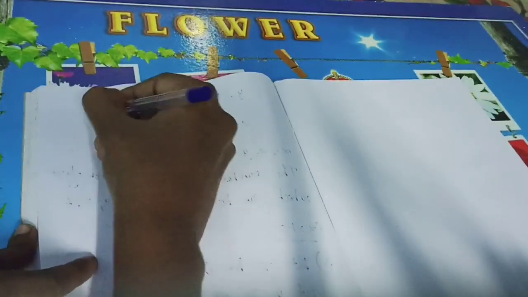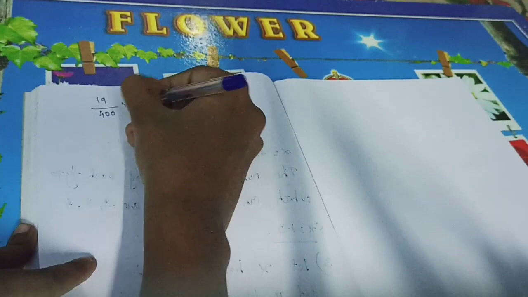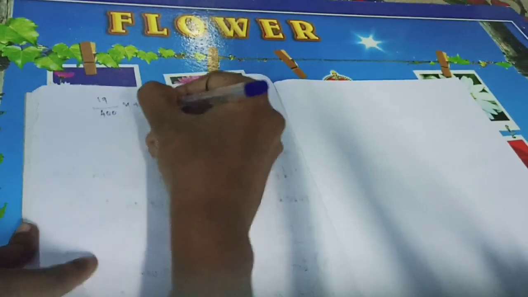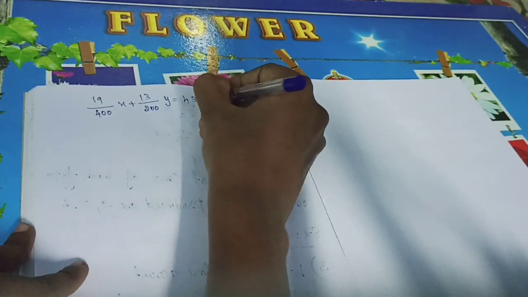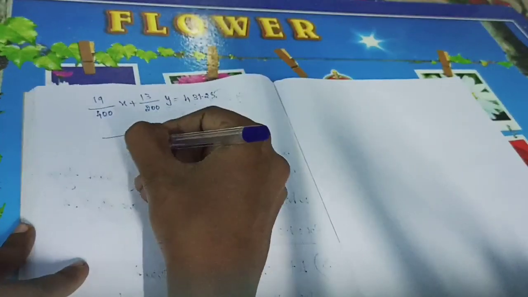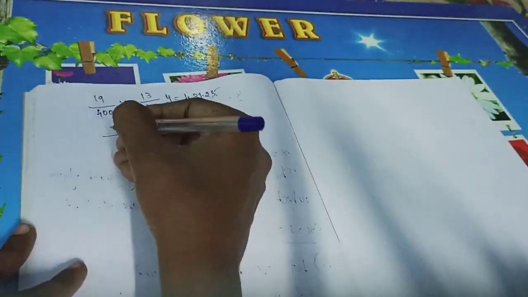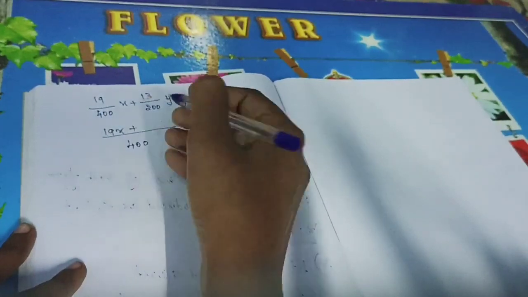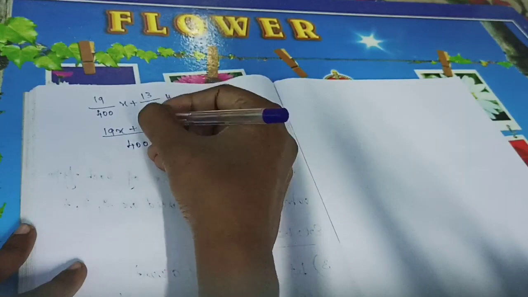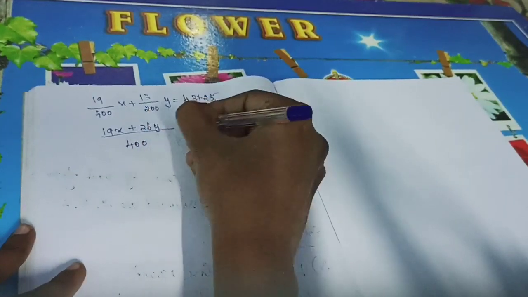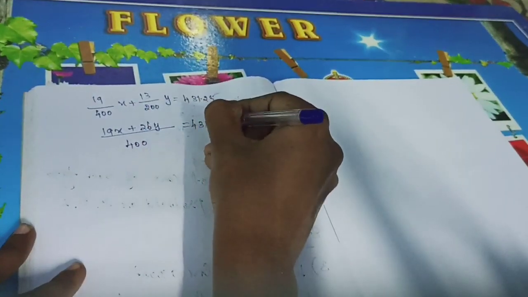Second equation, you multiply. That is 19/400 into x plus 13/200 into y is equal to 431.25. Just to simplify, take the LCM. The LCM is 400. That is 19x. So when you multiply by the LCM, 13 into 2 you will get 26y is equal to 431.25.